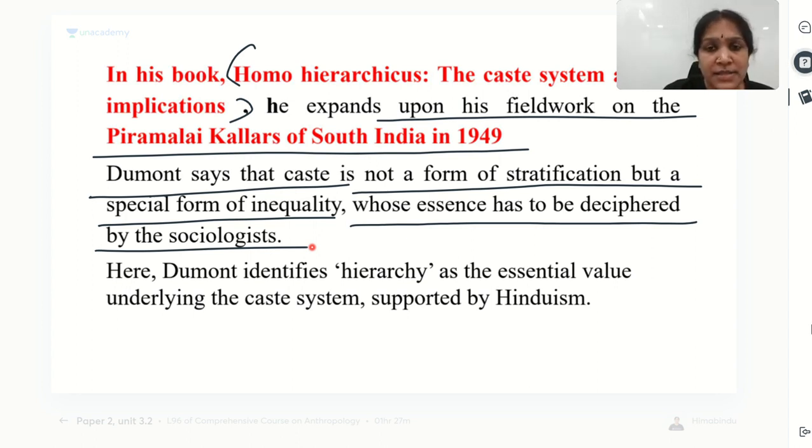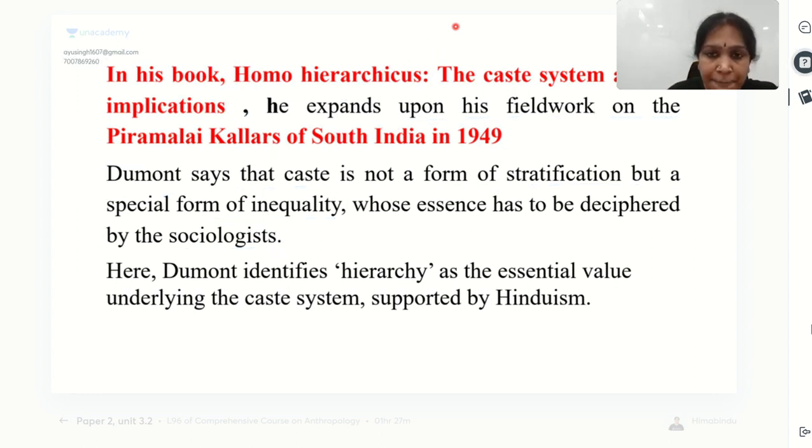Then if you ask in what way it is a special form of inequality, he said sociologists should decipher it, decode it, understand it. Is it clear? So caste, stratification system ना, ये एक special form of inequality है, और ये कैसा special है, sociologists should decipher that, decode that. So this is a quotation from the book Homo Hierarchicus. The question was framed based on this quotation. So can we continue? Clear?